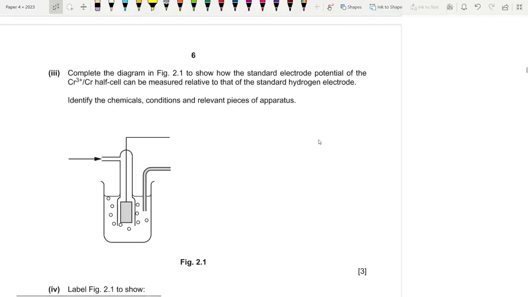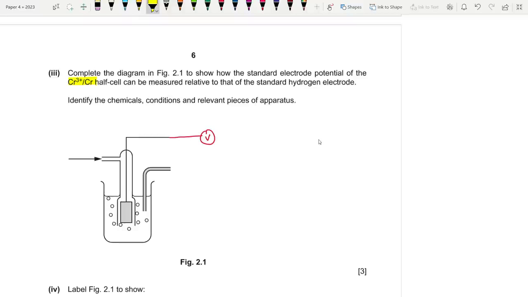Fine. So what do we need in the middle? We actually need a galvanometer or voltmeter, because this one on the left hand side, you know that there are three types of half cells: gas half cell, metal ion half cell, and metal ion in two different oxidation states. So for the gas half cell, you need an entry point for the gas and a platinum electrode.